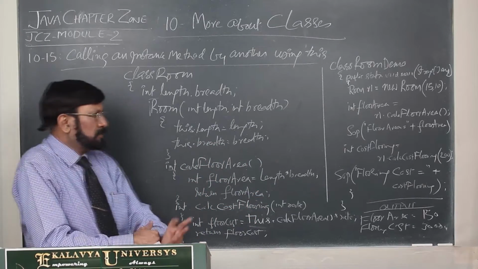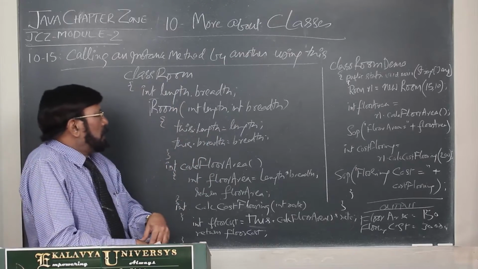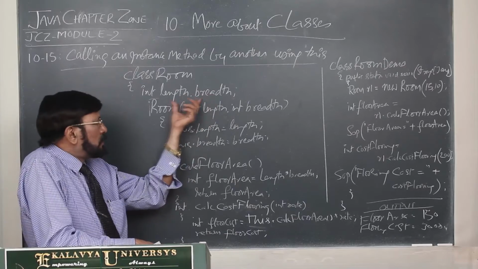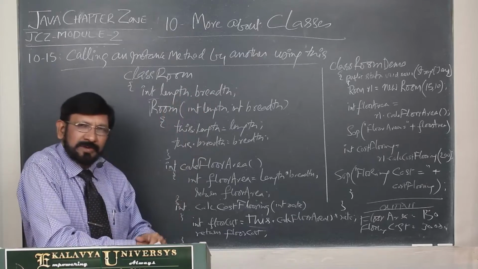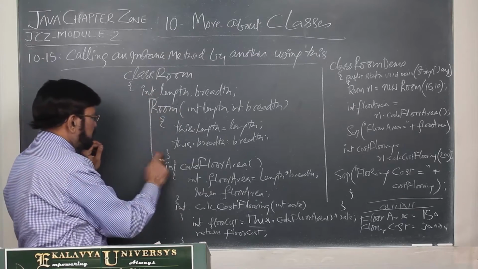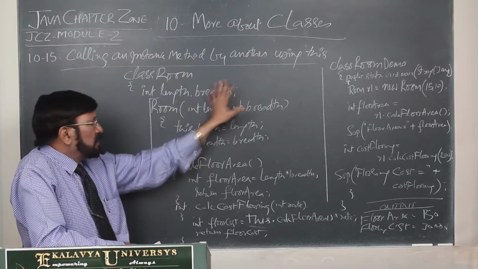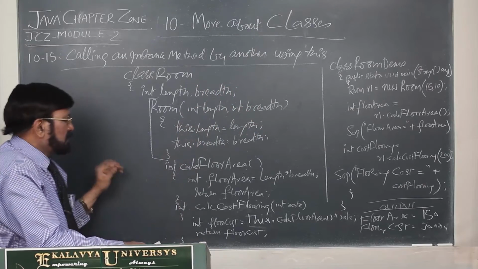That I am going to explain through this program. A simple domain, a room, and here length and breadth, two instance variables, we are declaring. Thereafter, this is the constructor, already explained to you, and in this manner we initialize instance variables using the constructor.